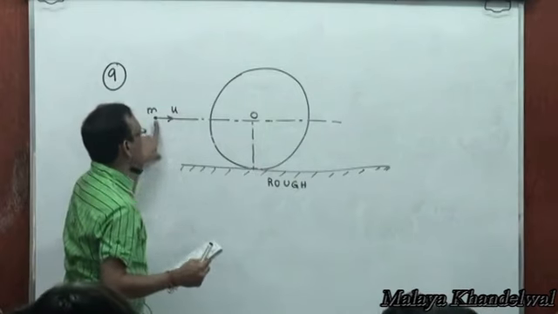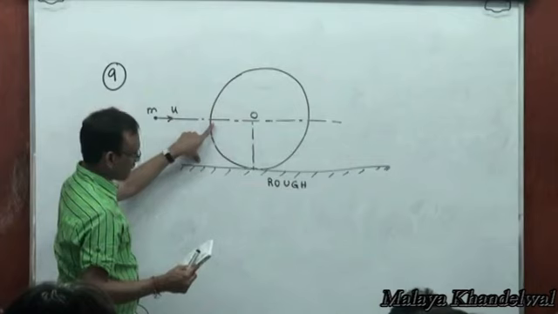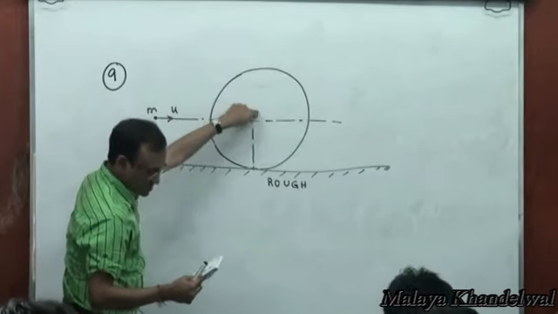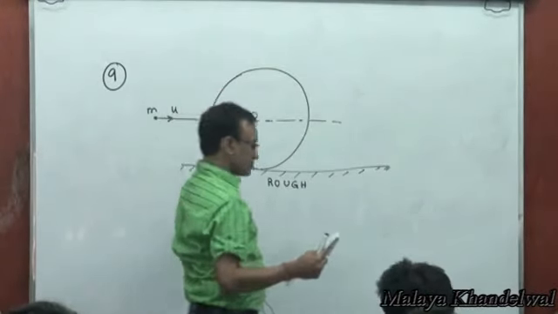So there is a perfectly inelastic collision occurring with the disk at rest, same mass, radius R. We want to be able to find the angular velocity of the disk subsequent to the impact.